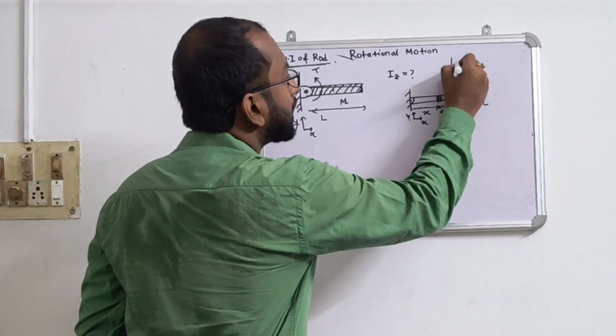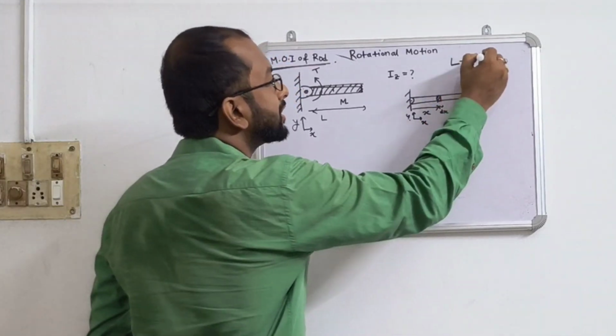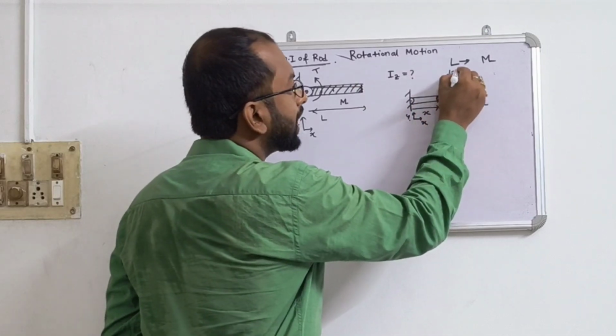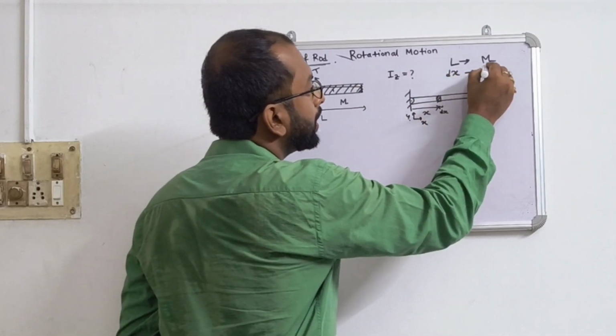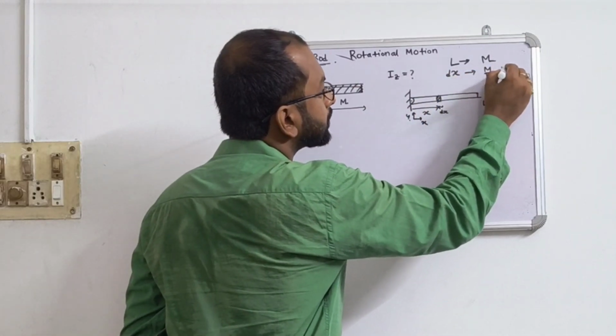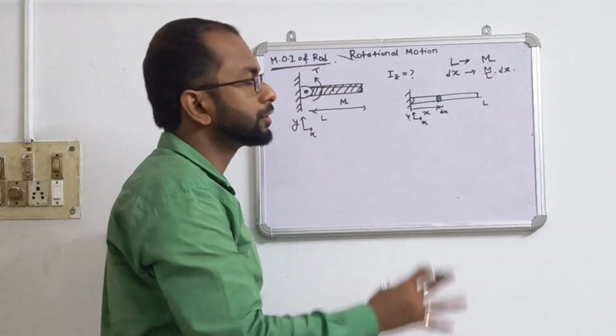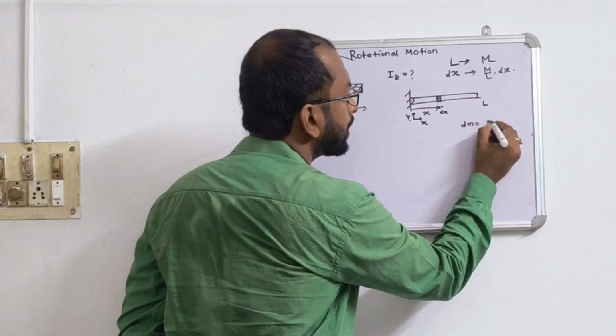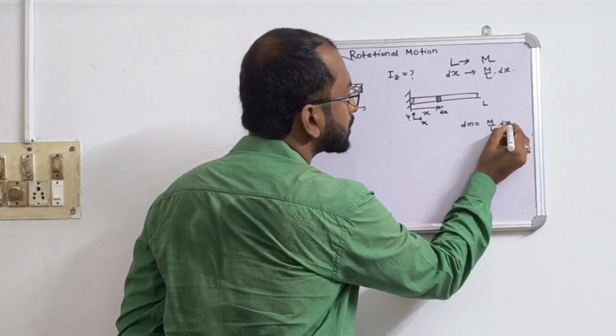See, for L length, the mass is capital M. If it is a uniform rod, then for dx length, the mass will be M by L into dx. Small mass dm is M by L into dx.